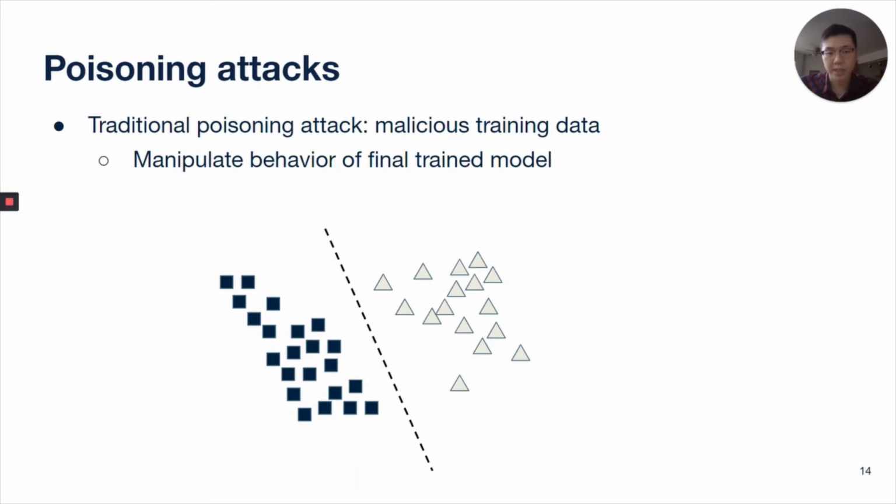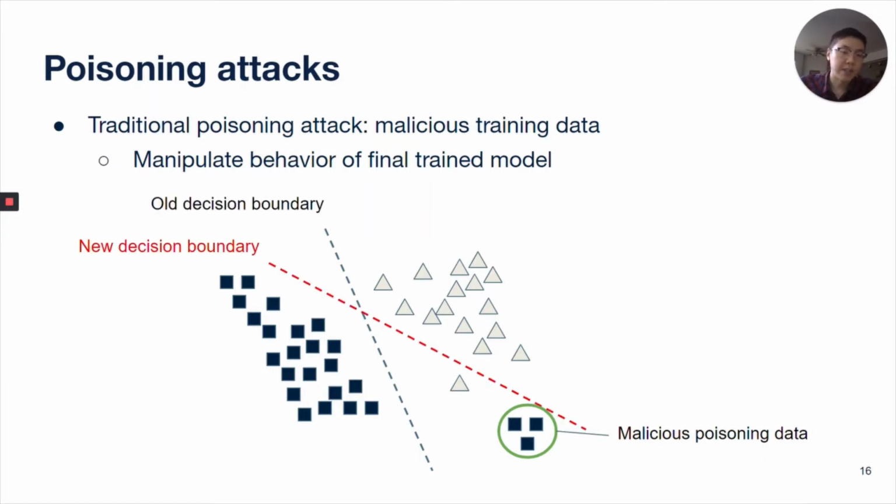In a traditional poisoning attack, an adversary joins a machine learning system and supplies malicious training data to the model such that the final behavior of the trained model is manipulated. As an example, see this two-class classifier that is just separating the dark squares from the light triangles. Now an adversary joins the system and inserts some malicious data points into the training dataset.